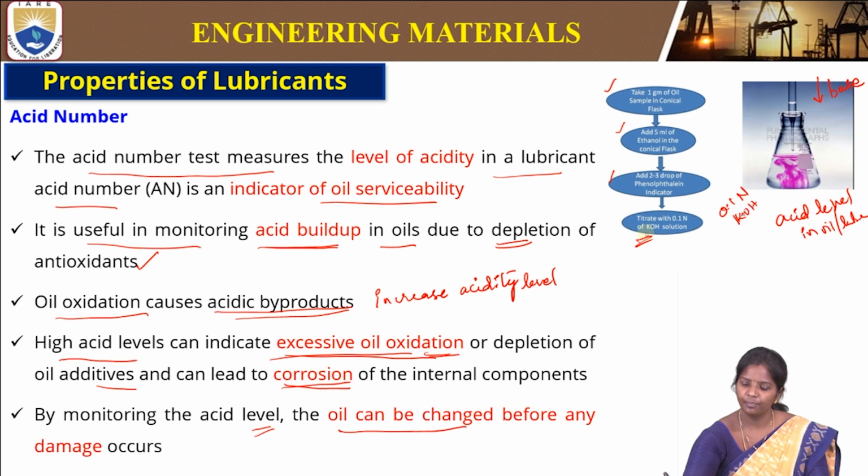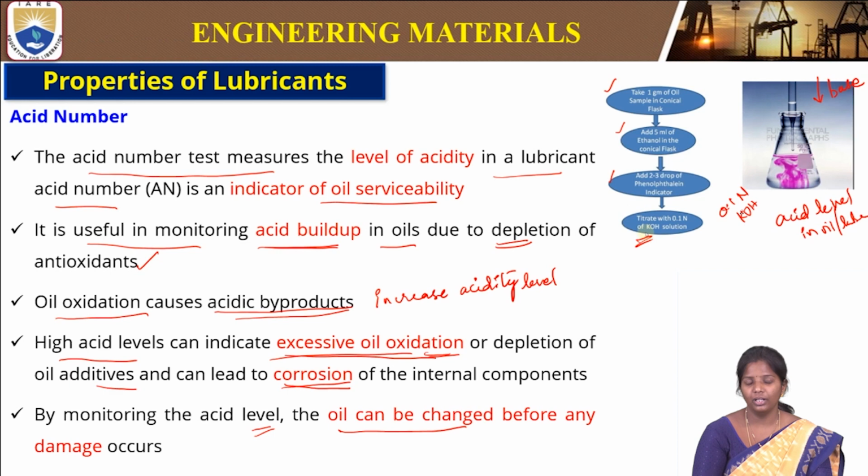So what happens? There is a color change, and that will indicate the acid number. Calculating the acid number of that particular oil will help us know whether it has a highly acidic nature or level.